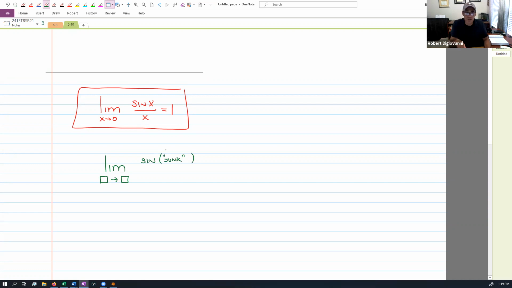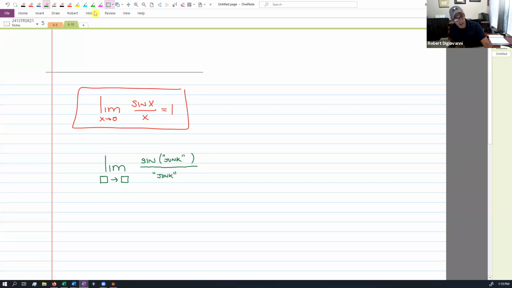Whatever it is, could be just x, could be x squared plus 1, could be tangent of x. It doesn't matter. And then that whole expression is divided by that same junk.